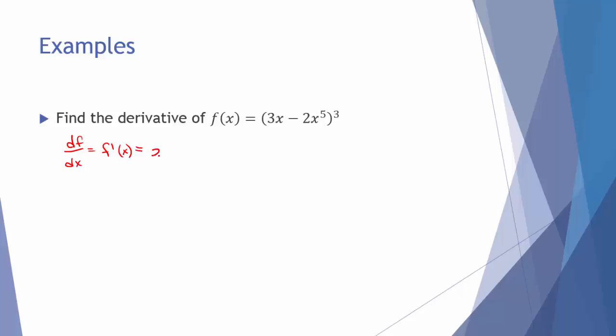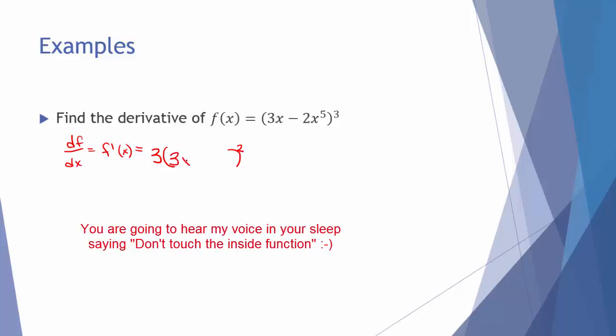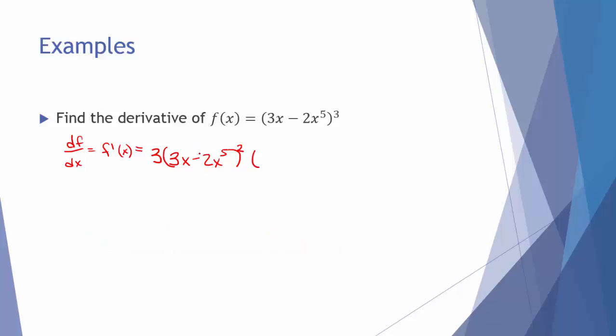So that's drop the 3 down as a coefficient, and then we're going to raise it to a new power of 2. But what goes in here is the original inside function. You don't touch that inside function. But now you need to multiply times the derivative of the inside function. The derivative of 3x is 3, and the derivative of 2x to the fifth is 10x to the fourth.